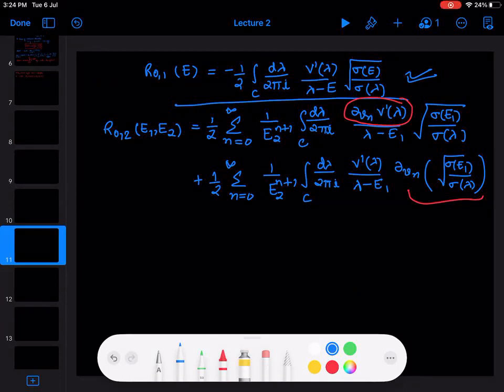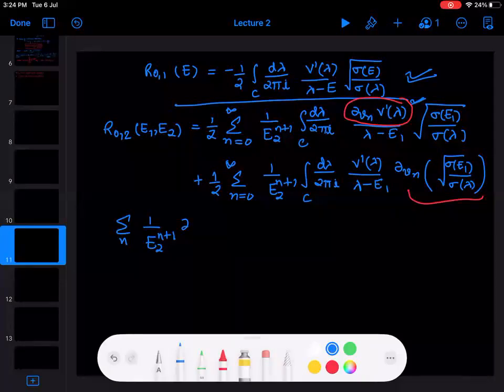So instead of evaluating this, we can do some manipulations, and we can write the sum over n of 2 to the power n plus 1 del n lambda. So this is just this.